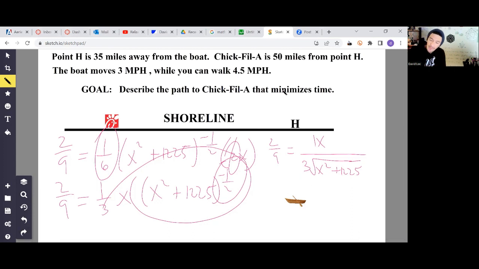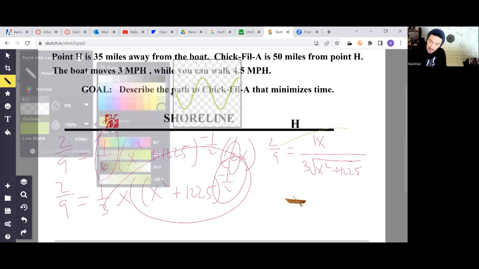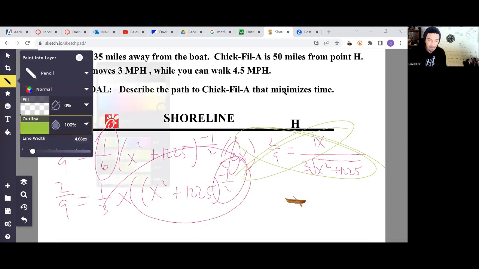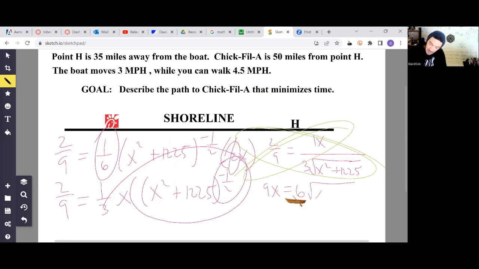And from here, why don't we go cross multiplication? Here in green, we can cross multiply. And let's see what that gives us. That'll give us like 9 times 1x is 9x. 2 times 3 is 6, with the square root part next to it, like that there.